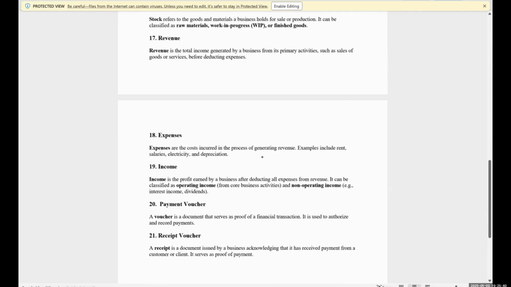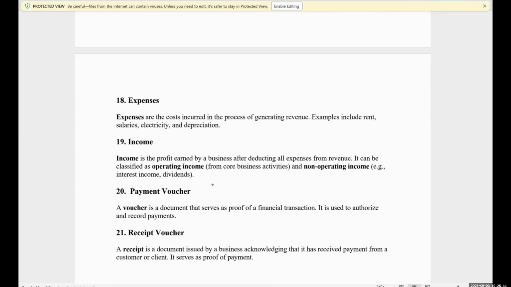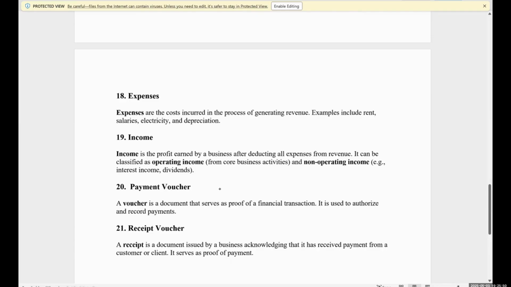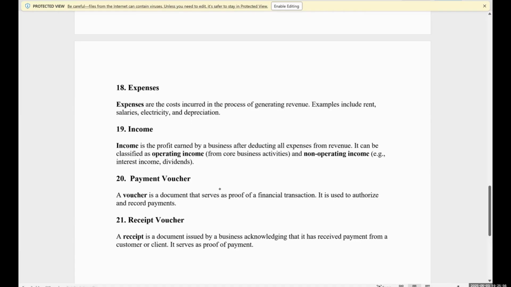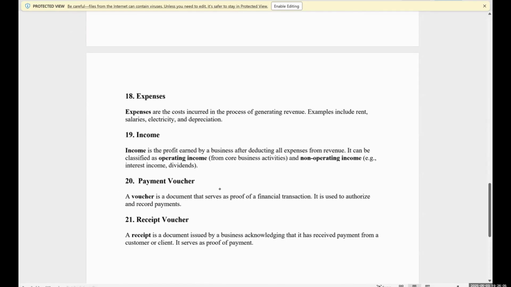Next one is payment voucher, receipt voucher. Do you know the meaning of voucher? Suppose you go to a petrol bunk and you put petrol, what will you ask him? You'll pay the cash. And after cash, if any reimbursement is there, you'll ask for it.